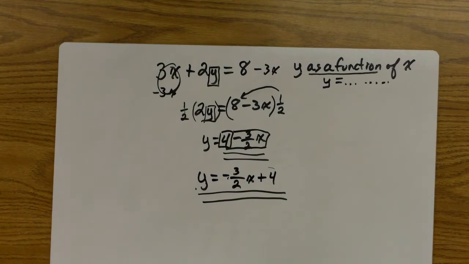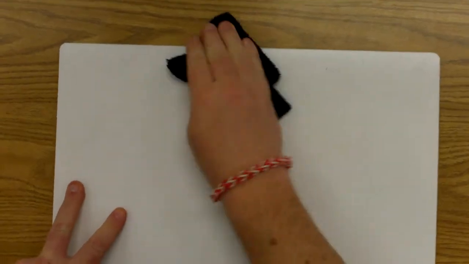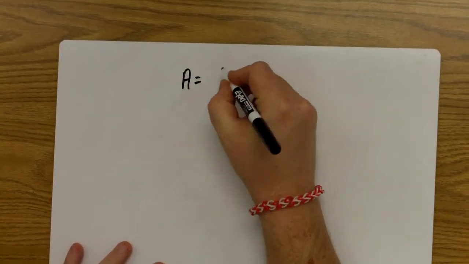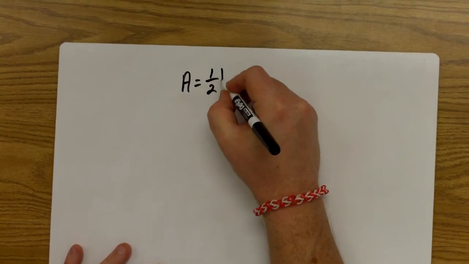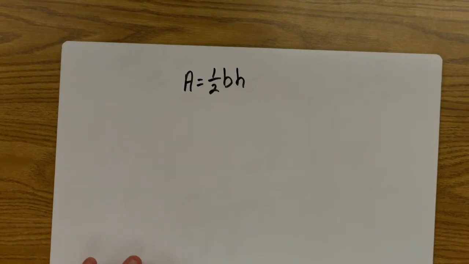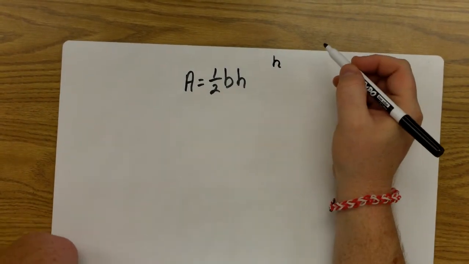Let's go ahead and try an actual formula where we have to rewrite the formula. And we'll start with one that actually has a fraction in it. Area formula of a triangle, where area is equal to 1/2 base times height. And let's suppose we want to solve for h, or the height.